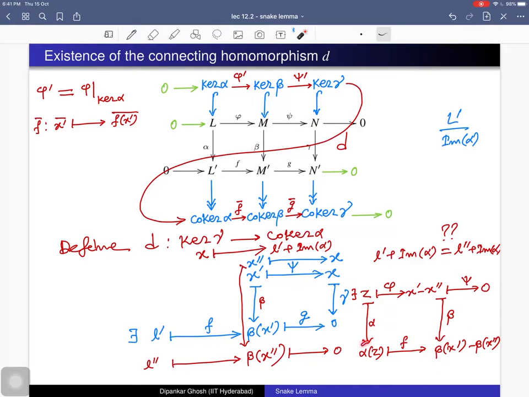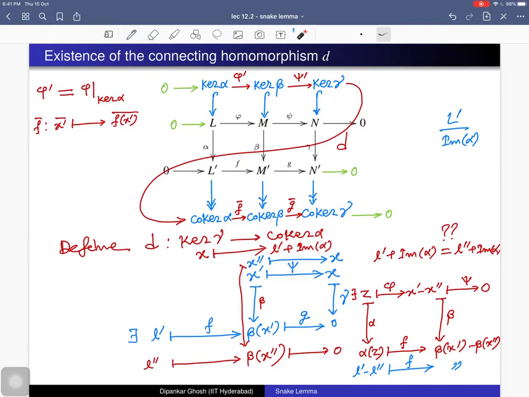Therefore, the image of alpha of z is this difference, but we already have a pre-image for this element, that is the difference between L prime and L double prime. So it is L prime minus L double prime. What is the image under f? The image of L prime is beta of x prime, and the image of L double prime is beta of x double prime, because of this. So the image of this difference is also there.